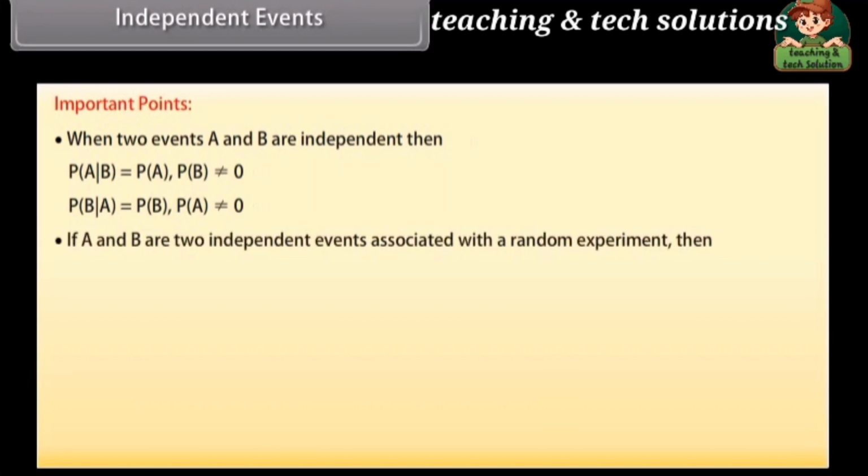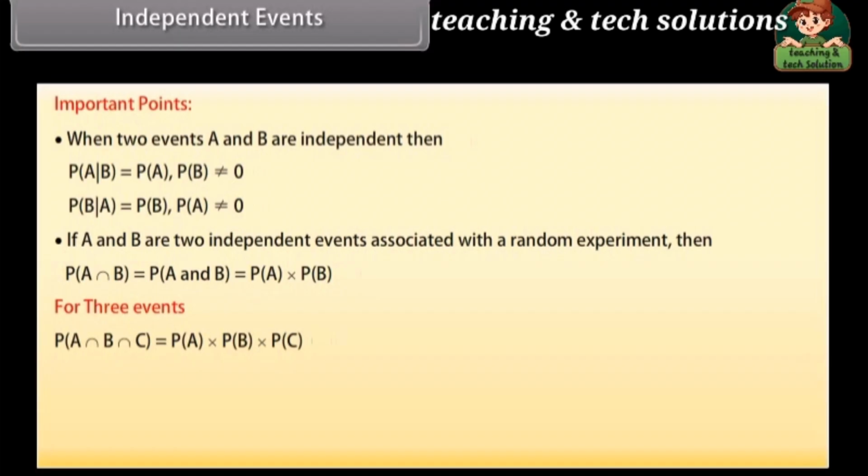If A and B are two independent events associated with a random experiment, then the probability of A intersection B is equal to the probability of A and B, which is equal to the probability of A into the probability of B. For three events, the probability of A intersection B intersection C is equal to the probability of A into the probability of B into the probability of C. Dependent events.